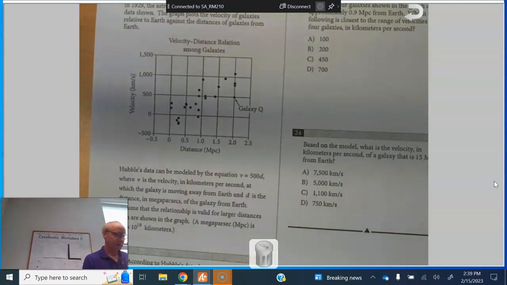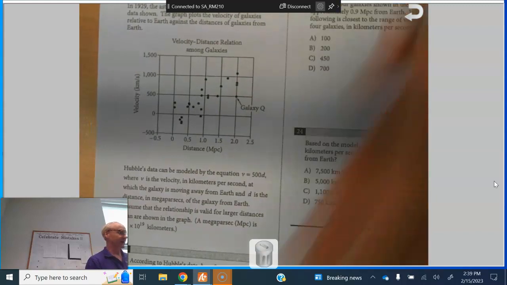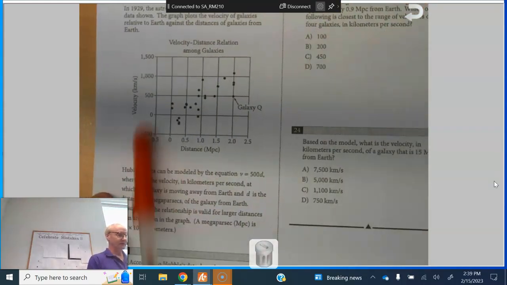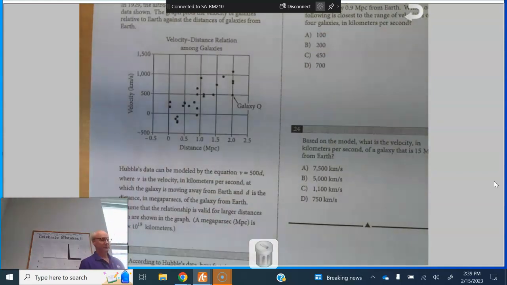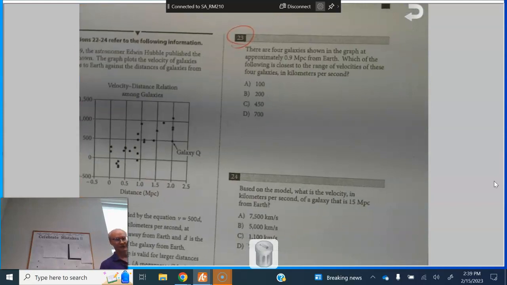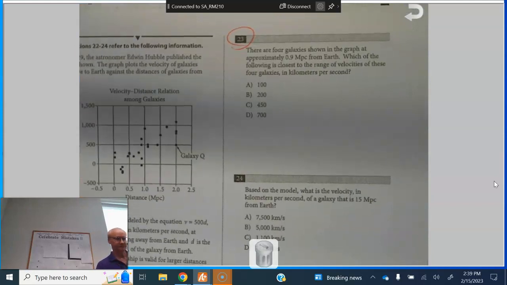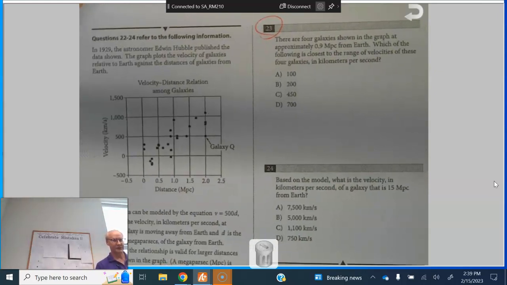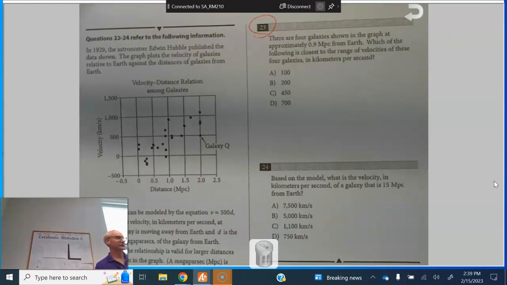Anyway, see if you can figure this one out. Number 23. Read what it says. Take a look at the graph. These are sometimes a little hard to get. The good news is 24, you just have to read the graph and make a judgment call.